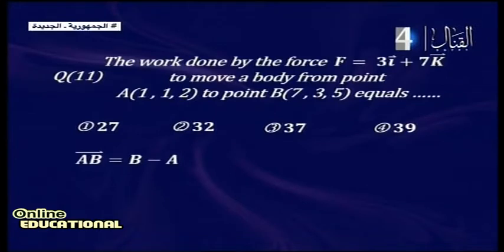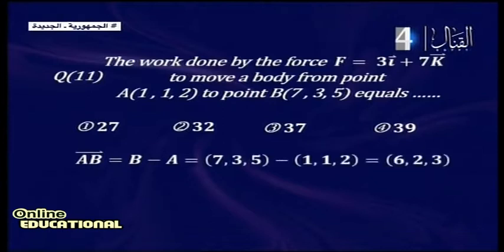At the first, this is the force, and we have 2 points, B and A. The vector AB is B minus A, 6, 2, 3. The work done is F dot S, the scalar product, not dynamic. In algebra, this is the scalar product F dot S.